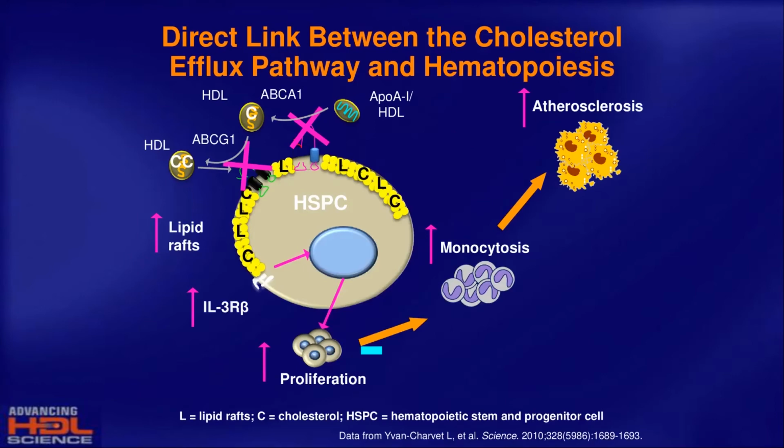And he's identified the target in the progenitor cells where this works, and the critical role of ABCG1 and also ABCA1 in this pathway.